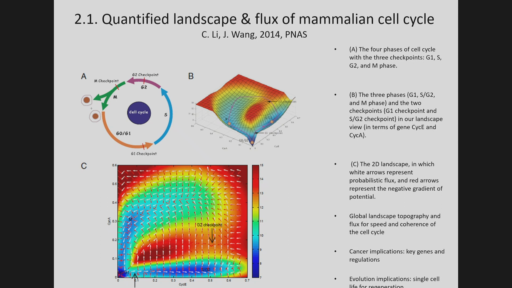You may wonder, what's the importance of using this sort of global pictorial way of understanding the cell cycle? One of the important things is that the cell cycle is a hallmark of cancer. The cancer cells have a much faster cycling speed than the normal cells. So one could ask what kind of change can give you a much faster speed of oscillation than the normal.